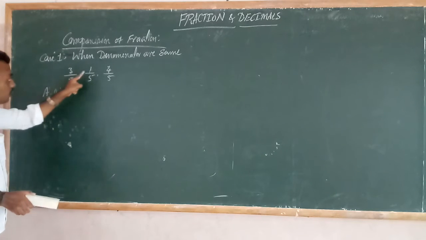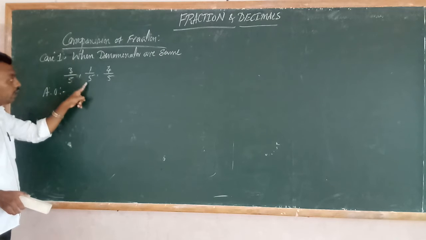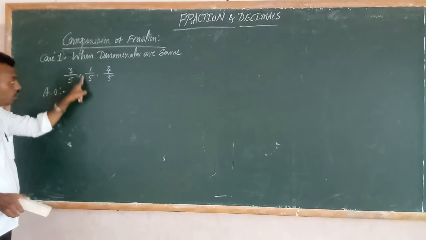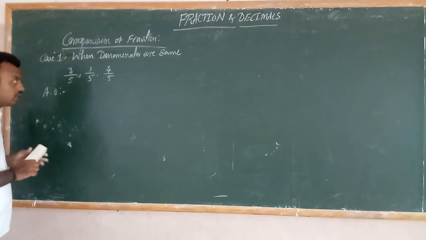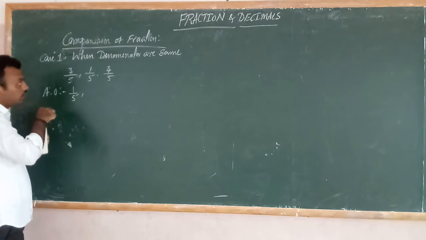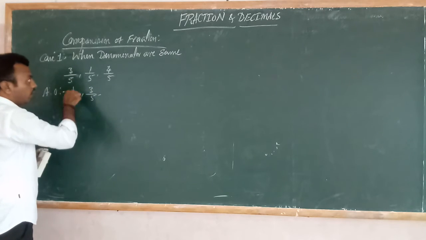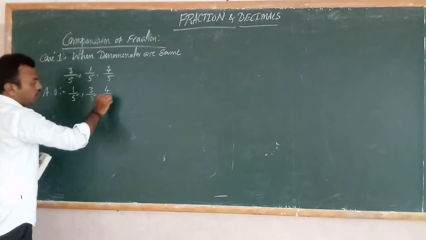In that, 1 is the smaller numerator, and the related fraction is 1 by 5. Therefore, 1 by 5 is the smallest fraction. Next, 3 by 5, afterwards 4 by 5.